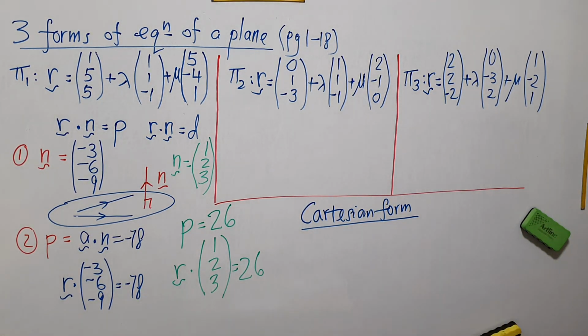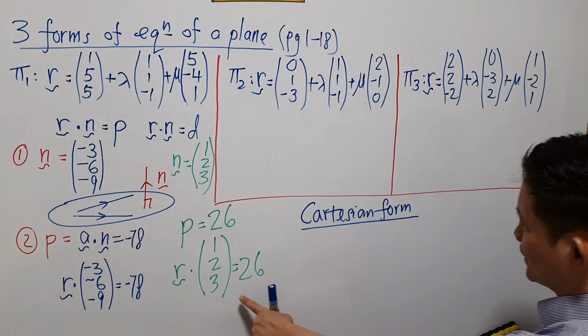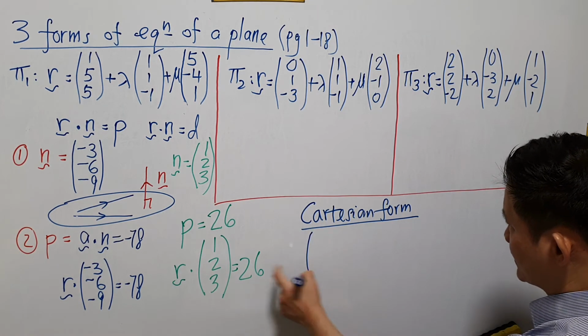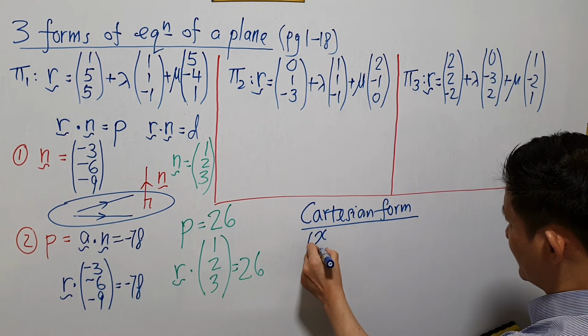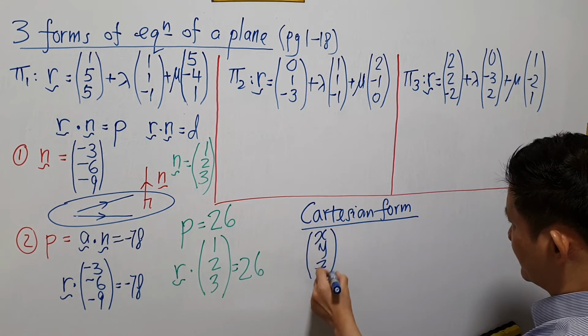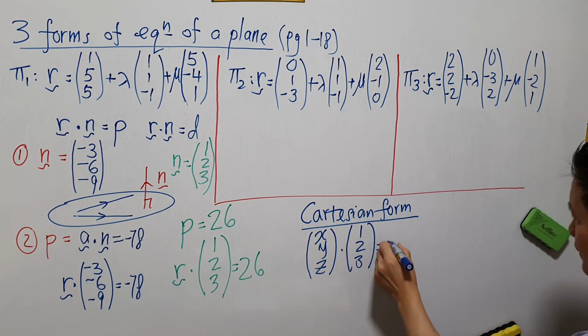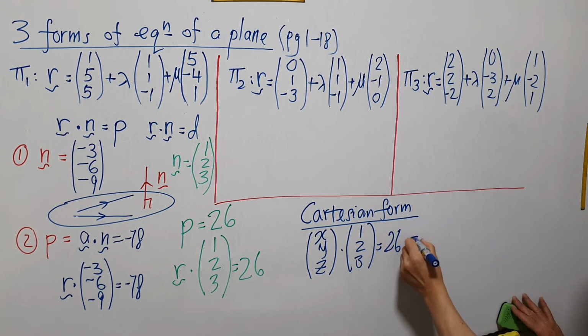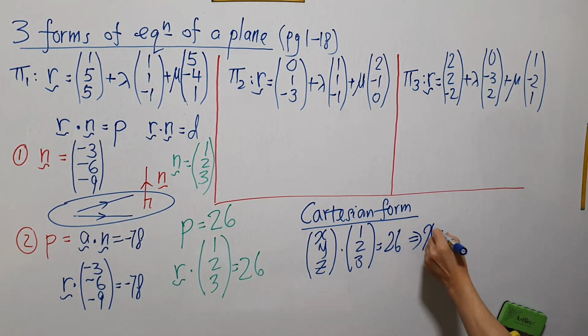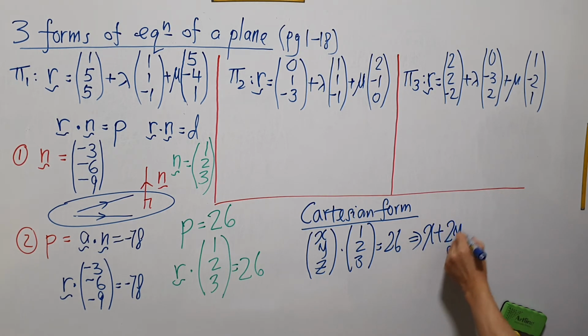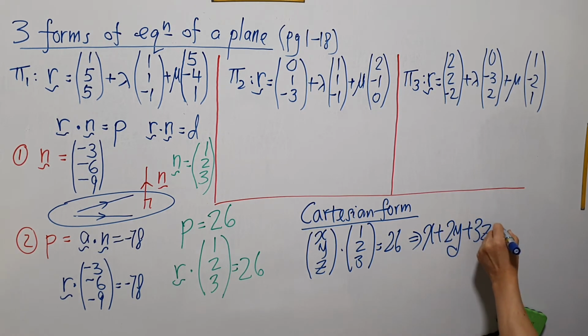Based on this, you just replace your vector r as x, y, and z, and you perform that dot product. You're going to get x plus 2y plus 3z equals 26. And this is how you can easily convert from the second form into the third form.